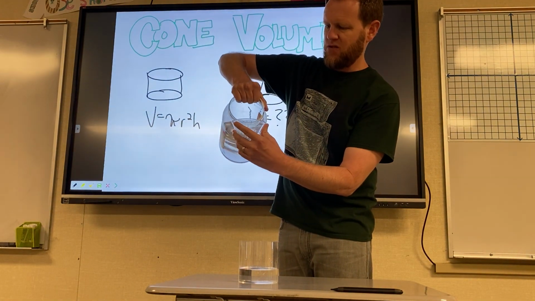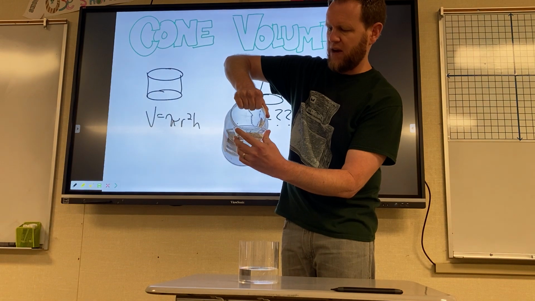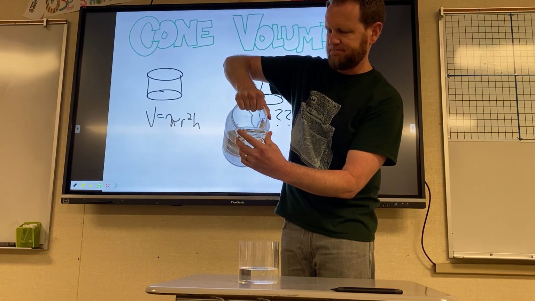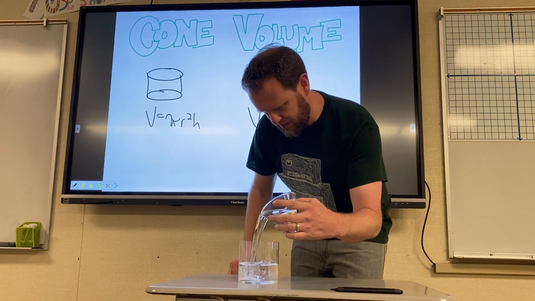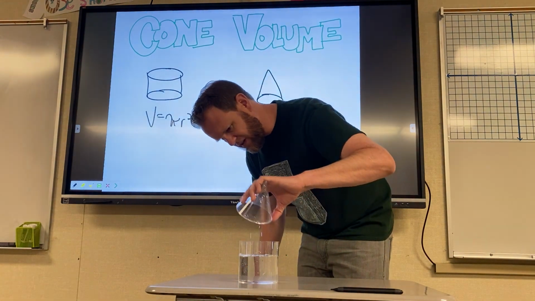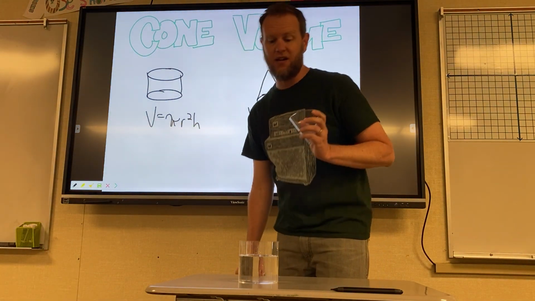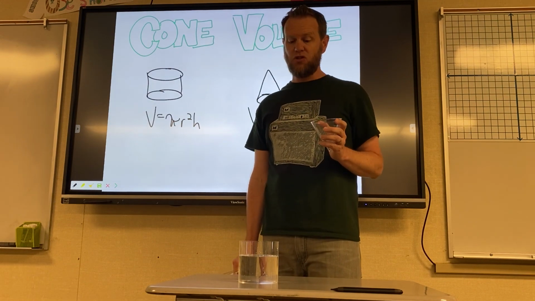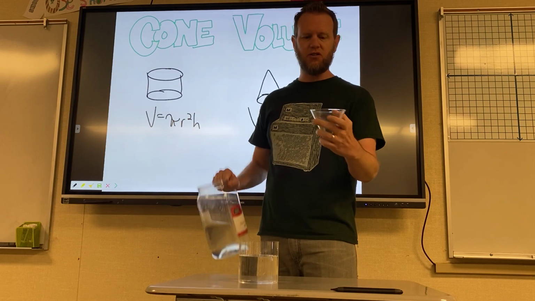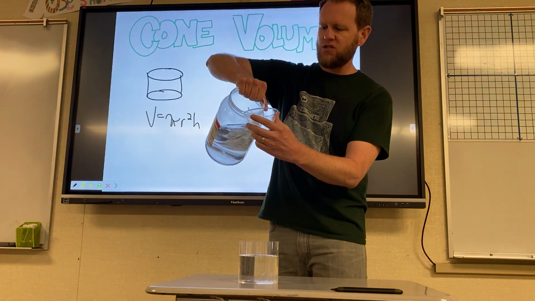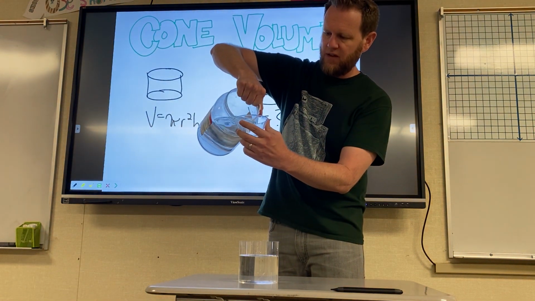Well, how many of you were guessing that it was twice the volume? You were wrong. Because we've still got quite a bit of space left in there. Some of you who are guessing 2.5 times, maybe 3 or 4 times, you might think you're on the right track. Let's find out. That's 2 cones fitting into the cylinder.